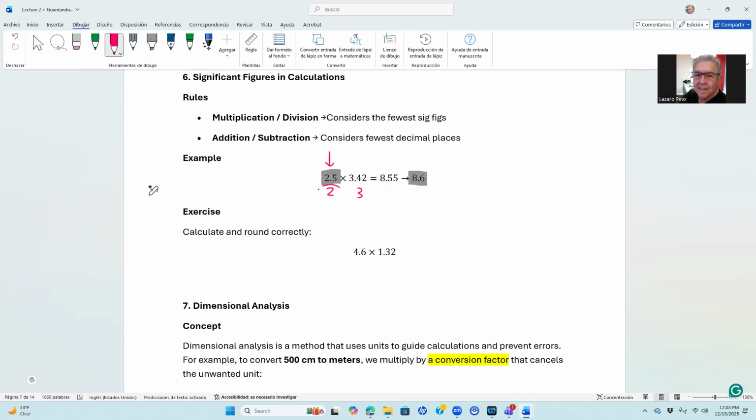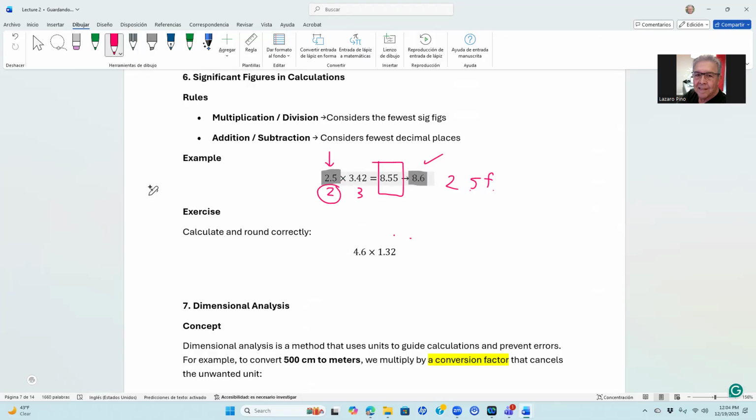Then your answer must have only 2 significant figures. That's why, even though the answer is 8.55, your answer must be 8.6 with 2 significant figures. Understand? This applies also for division.